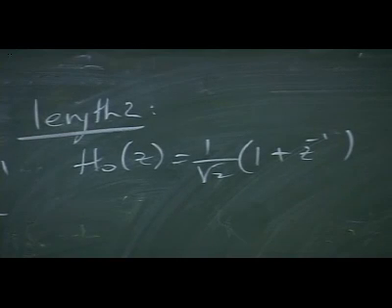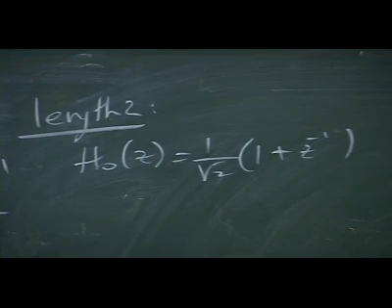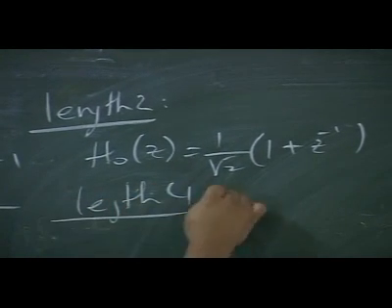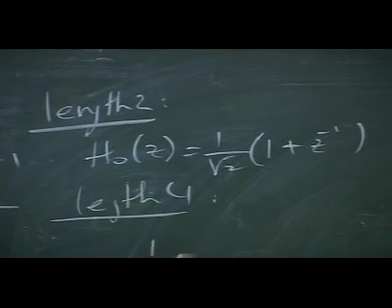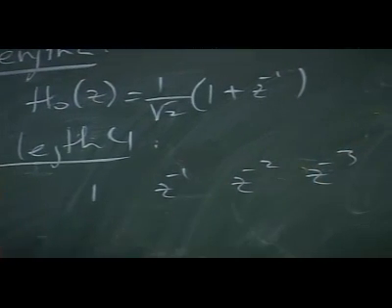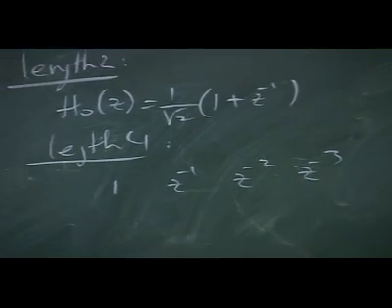How do I make it, let's say, length 4? What's length 4 look like? You have 1, you have the inverse, you have 2, you have 3, with some coefficient, right? That's length 4. 4 coefficients, 4 times.